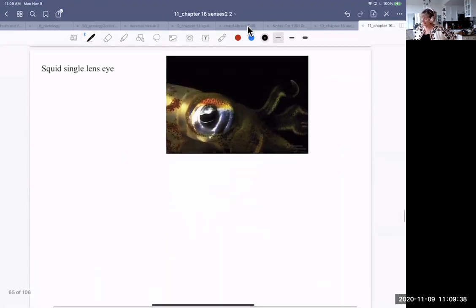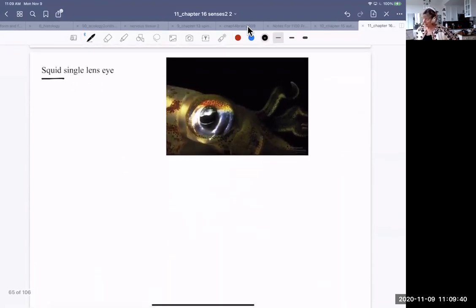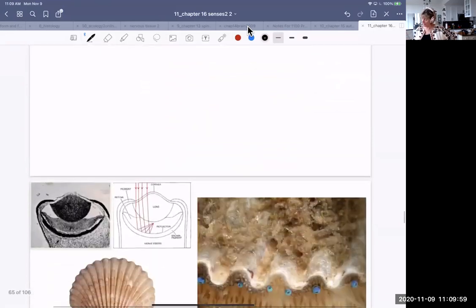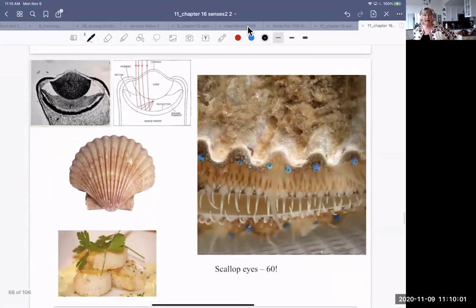Now, what's really interesting is that invertebrates like squid have evolved the same kind of eye that mammals have, the lens and cornea complex eye, but down a totally separate line of evolutionary history. Squid have amazing vision as well. Even scallops have eyes.